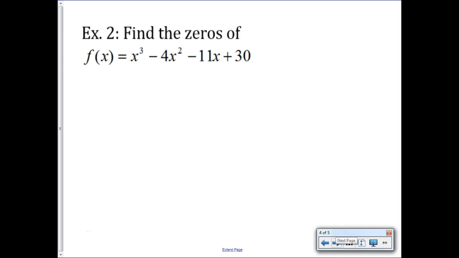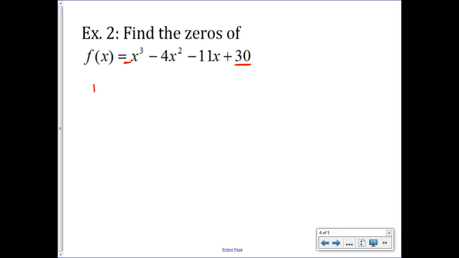So now, find the zeros of x to the third minus 4x squared minus 11x plus 30. We have 30 as our constant, and then we have a 1 out front, which means we're going to be dividing by 1, which is really nice.